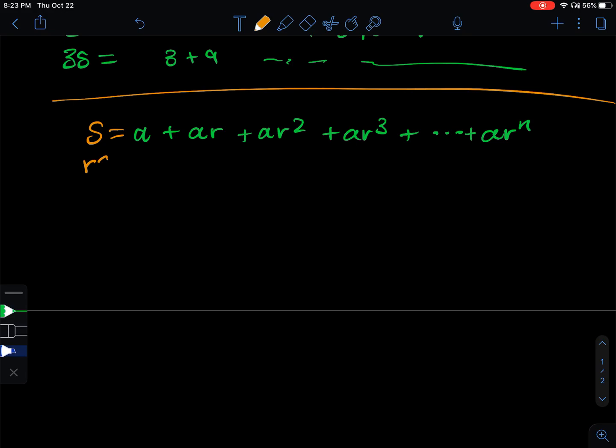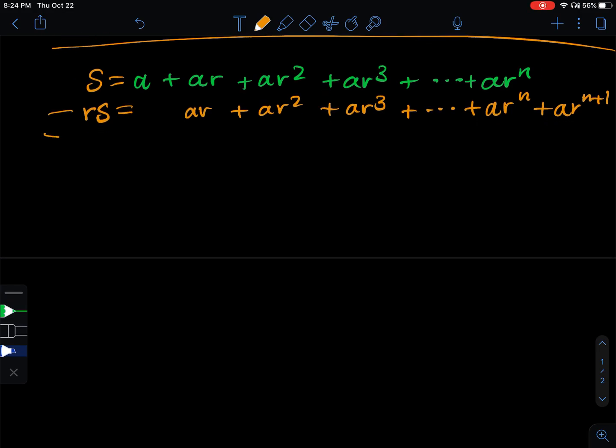So this time it's rs is equal to ar plus ar squared plus ar cubed plus up to ar to the nth plus, remember this last term, ar to the n plus 1.